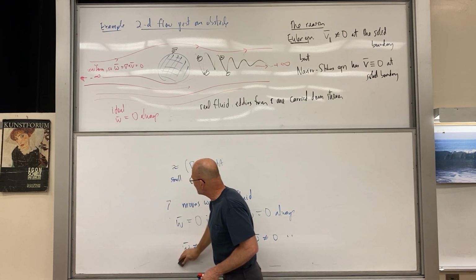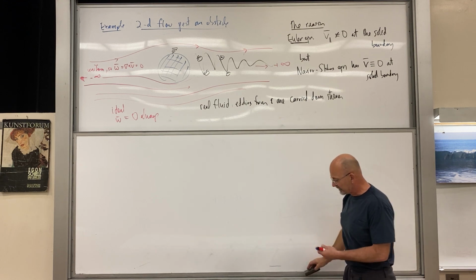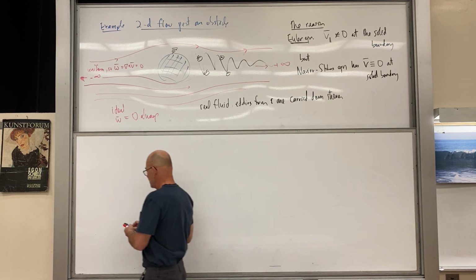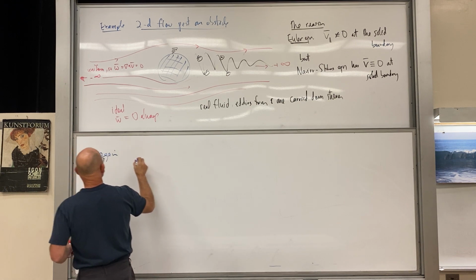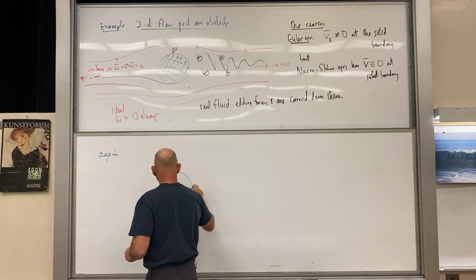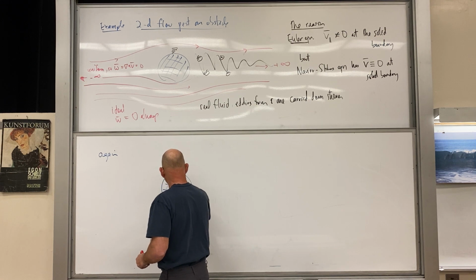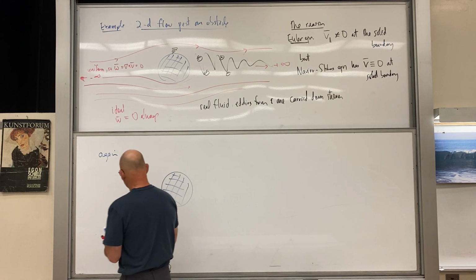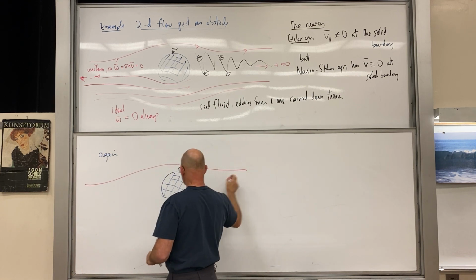So I'm going to redraw that picture. Flow past an obstacle. So again, we've got this obstacle. We'll try to make a neat picture. And we've got the flow past it. Now it's just ideal.